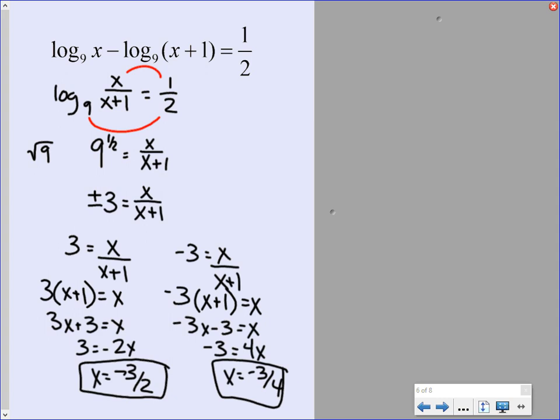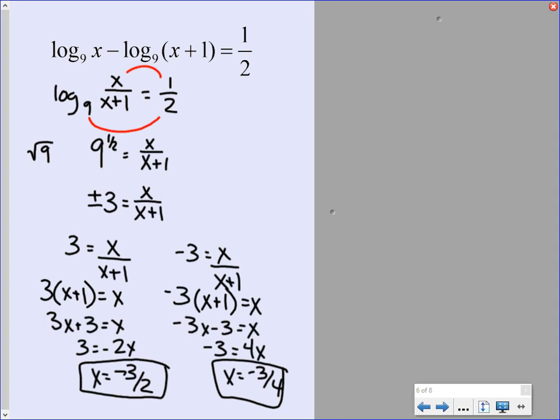Can I do the log base 9 of negative 3/2? No. Can I do the log base 9 of negative 3/4? No. So they are both extraneous. It could be that both are extraneous, one is extraneous, or both are actual solutions. You don't know until you plug it back in and test. And you have to go back to the original, not to the condensed.